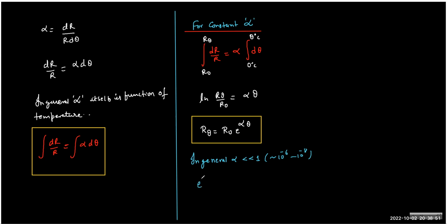And we know from the expansion of e power x, 1 plus x and so on, for a small value of x we can always approximate up to the first linear term, because x square will be almost nothing. So e power x is roughly 1 plus x.